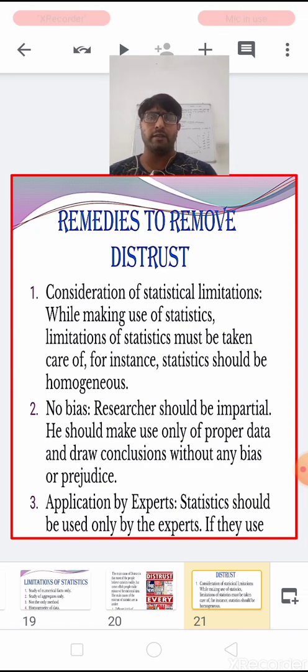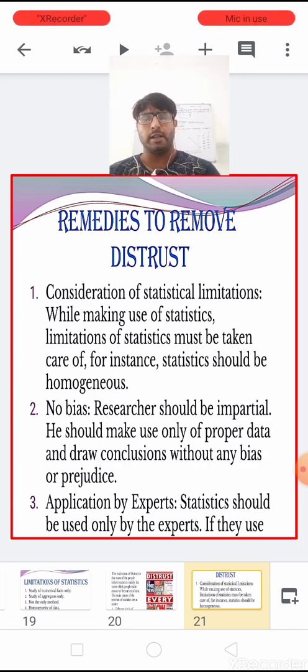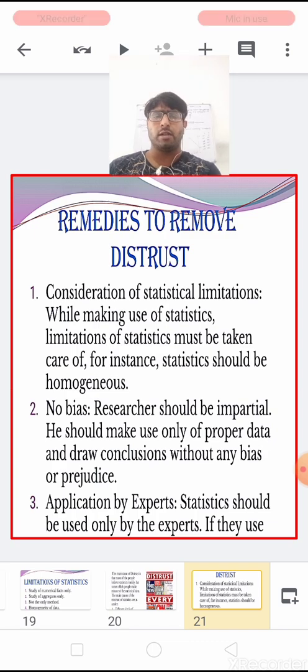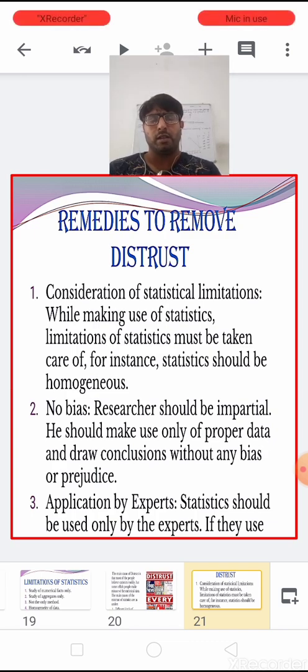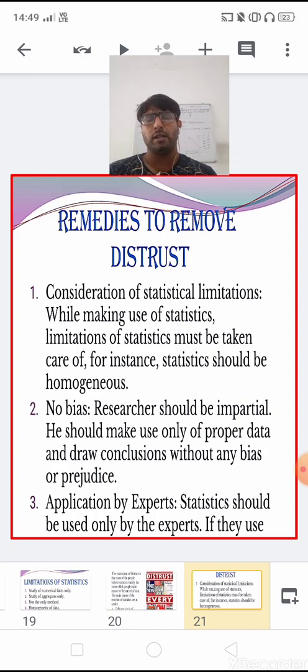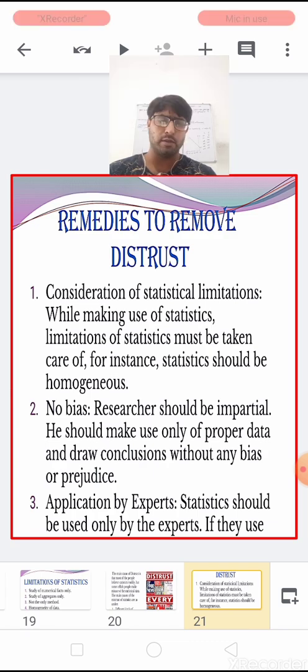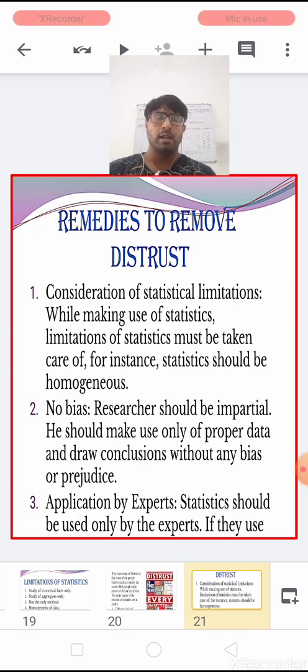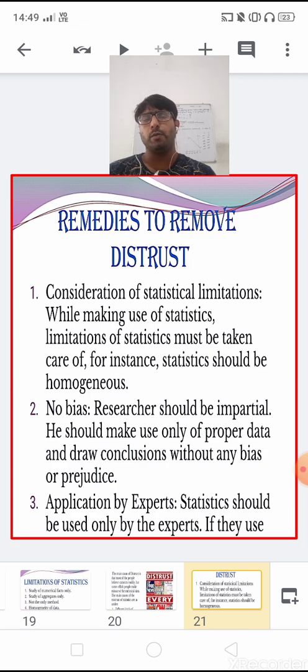Now, what are the various remedies that should be taken to remove this distrust? First, consideration of the statistical limitations while making use of statistics. Limitations of statistics must be taken care of, and for instance, statistics should be homogeneous. Second, there should be no bias.